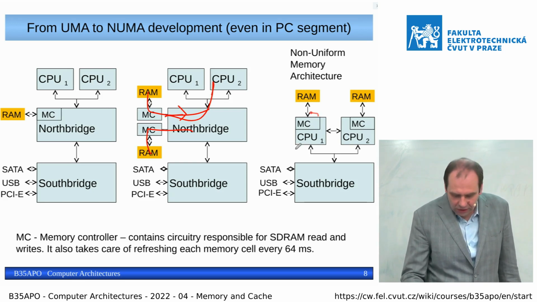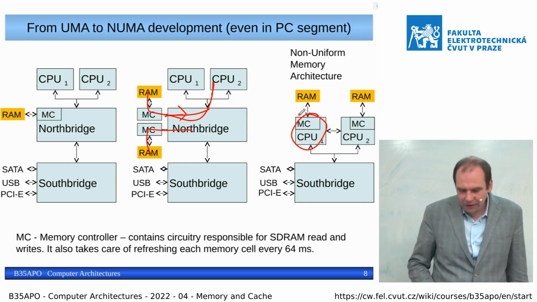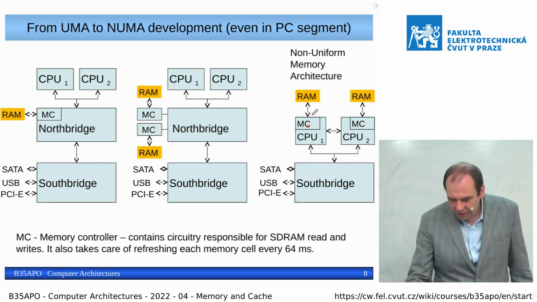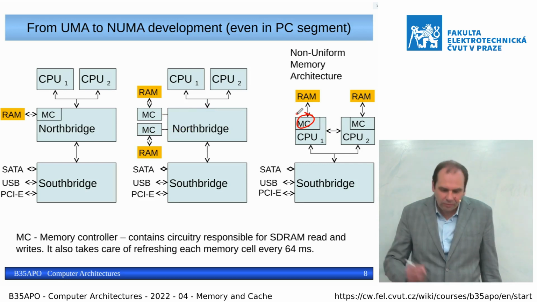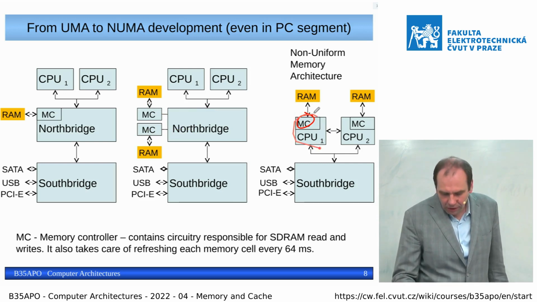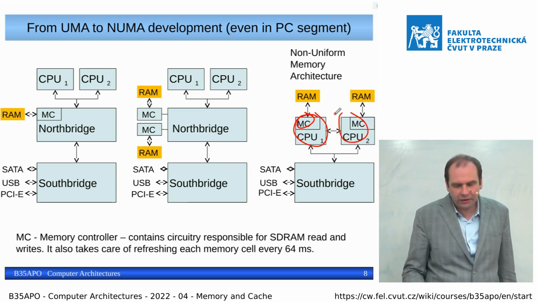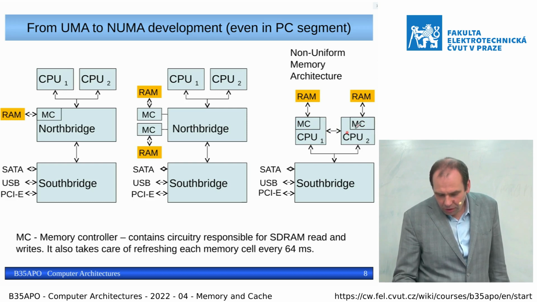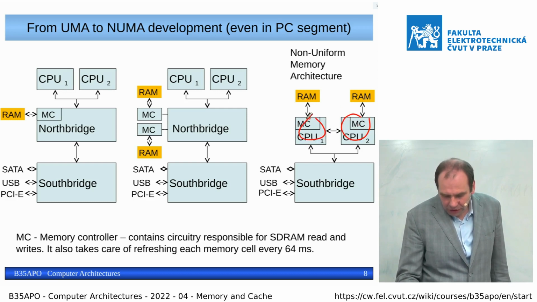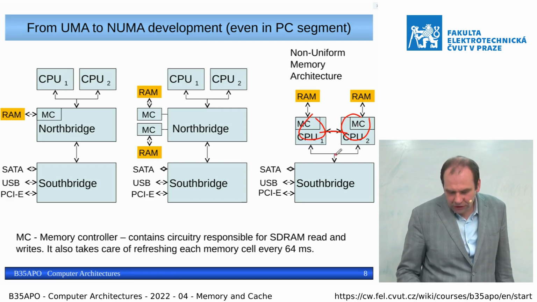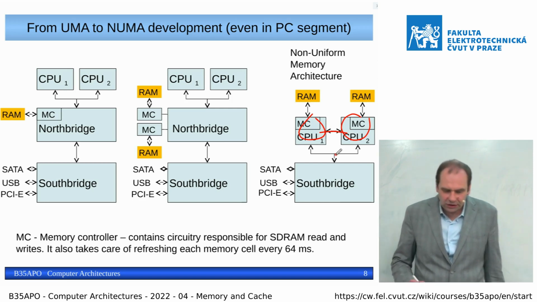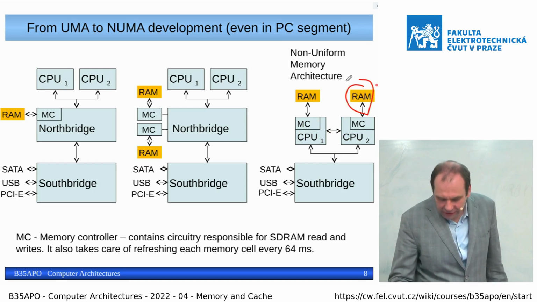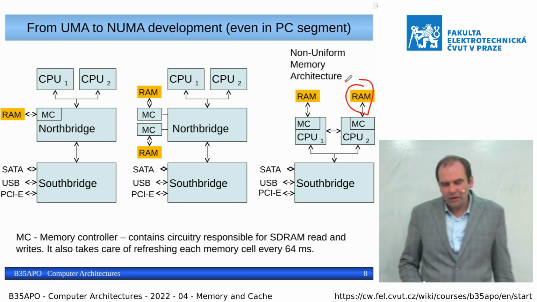switch to the solution where we have an integrated memory controller directly on the processor chip. And if we want to have more sockets, not only more cores inside a single socket, but more cores in multiple chips, then we connect those chips with very fast serial communication links, and each of them has its own part of the memory.